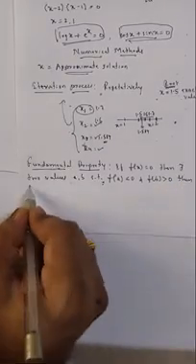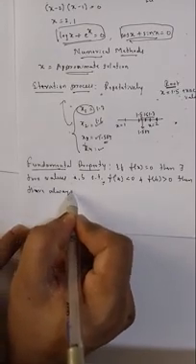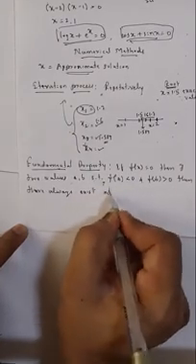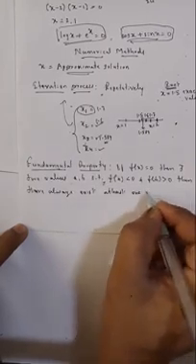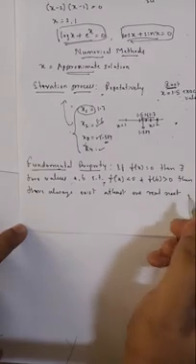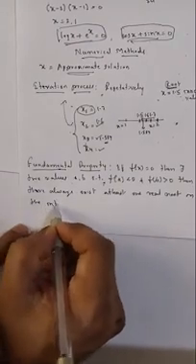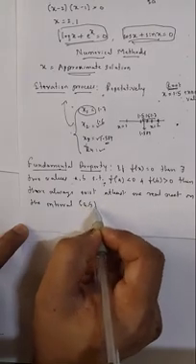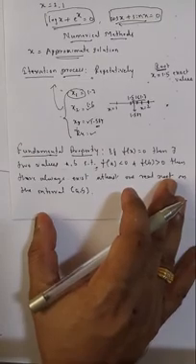Then there always exists at least one real root in the interval a comma b. This is called the fundamental property.